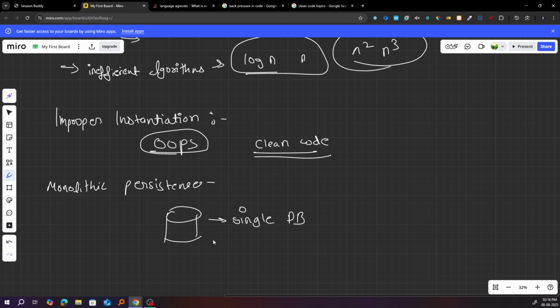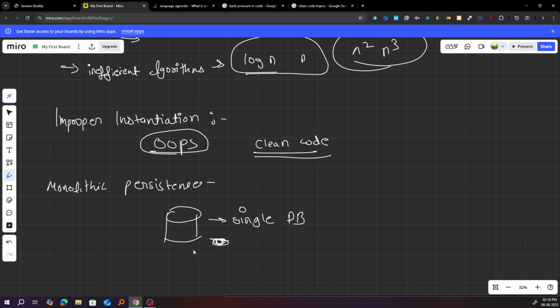Because we are using a single DB, scalability would be a huge issue here, and it can be good for a small scale system, right? If you are creating a normal website which doesn't involve any user interaction, it's just a scroll and some animations, then of course you can go with a single database.